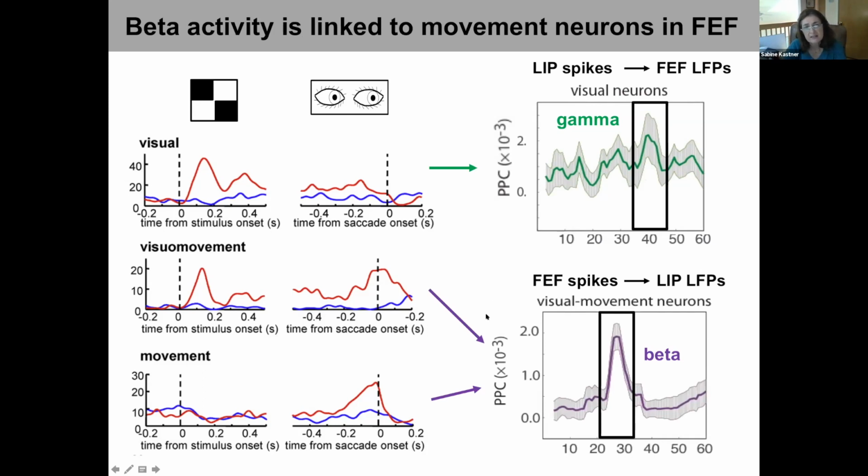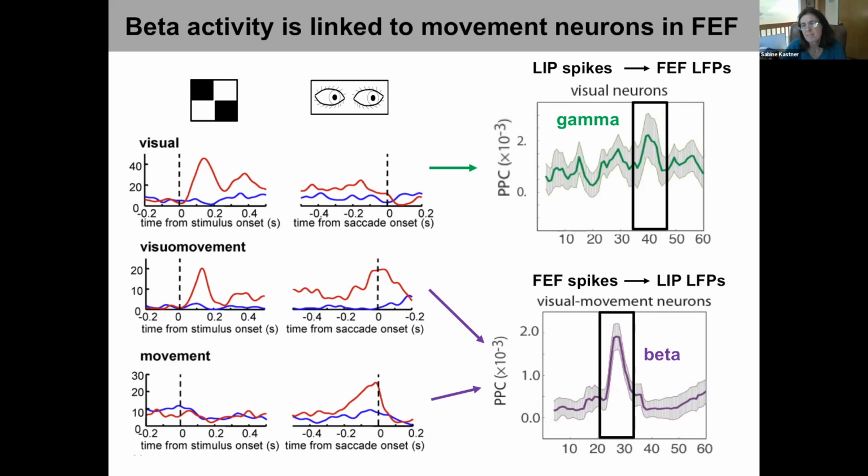On the other hand, the spiking activity of the movement neurons in FEF was strongly associated with beta activity, both within FEF and also in LIP, again suggesting that that frequency band is used to route signals from these movement neurons into LIP.